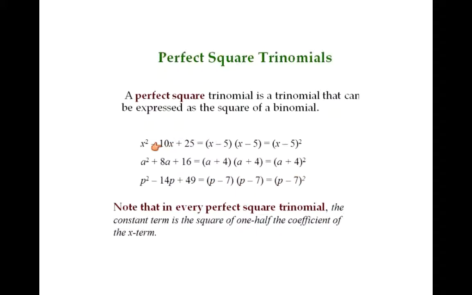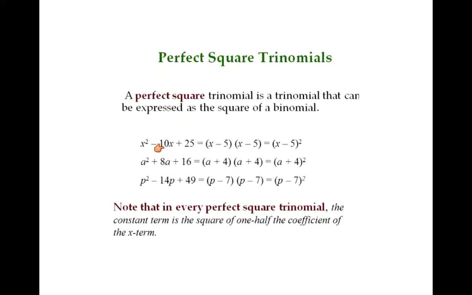You notice that the constant terms, the numbers here, 25, 16, 49, are the square of 1/2 the coefficient of the x term.